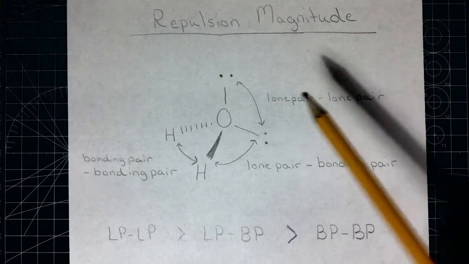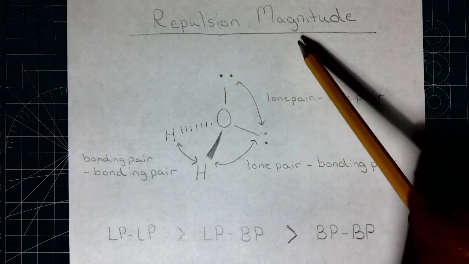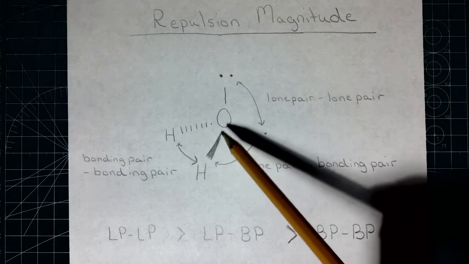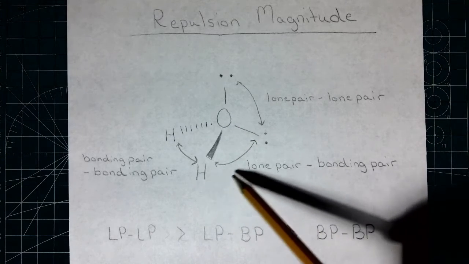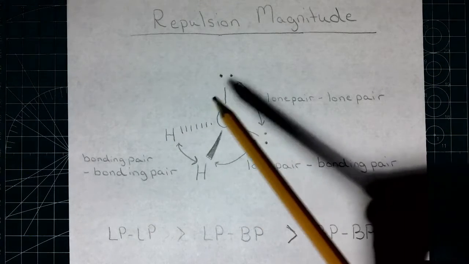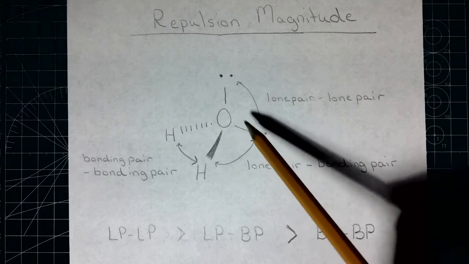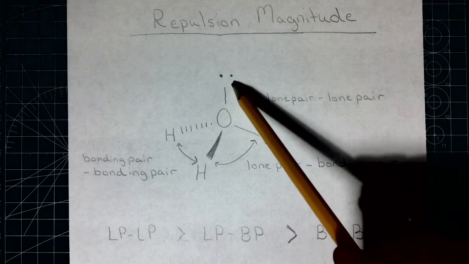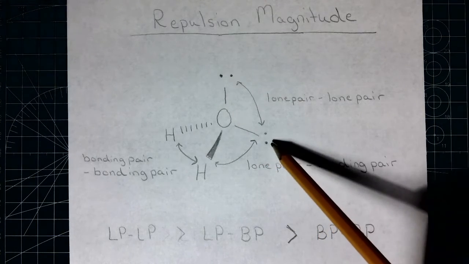As I alluded to before, there is a difference in the repulsion magnitude when we have lone pairs versus atoms around our molecule. So again, here I've drawn out the oxygen water molecule, and I want to look at the different interactions. So we have lone pair to lone pair interactions.